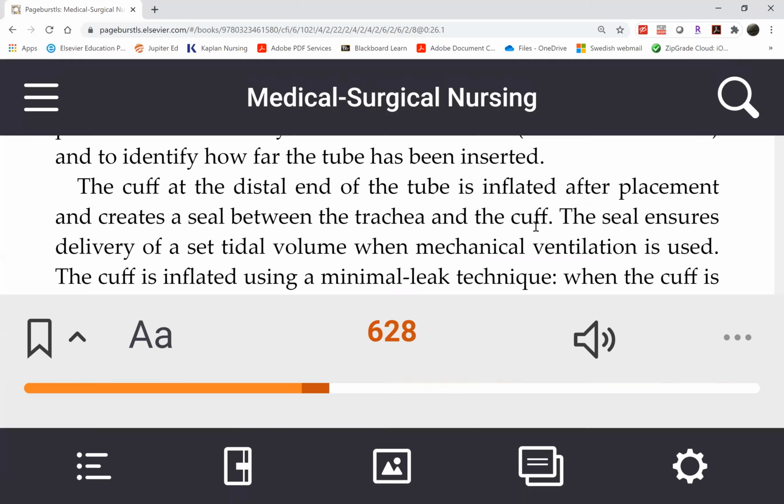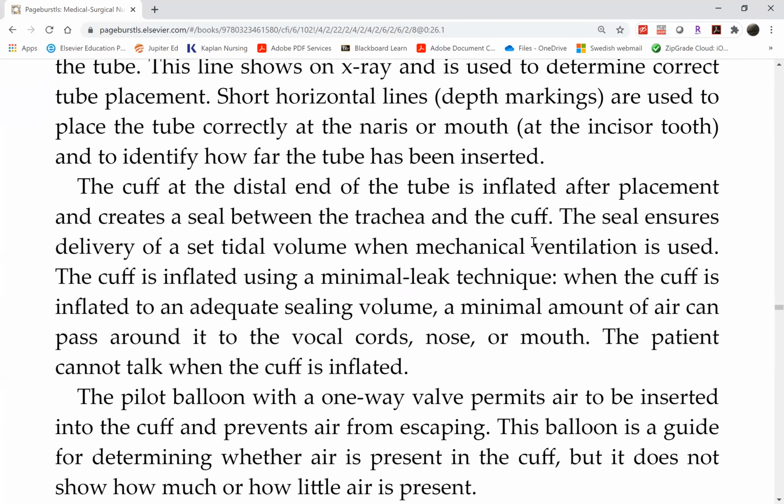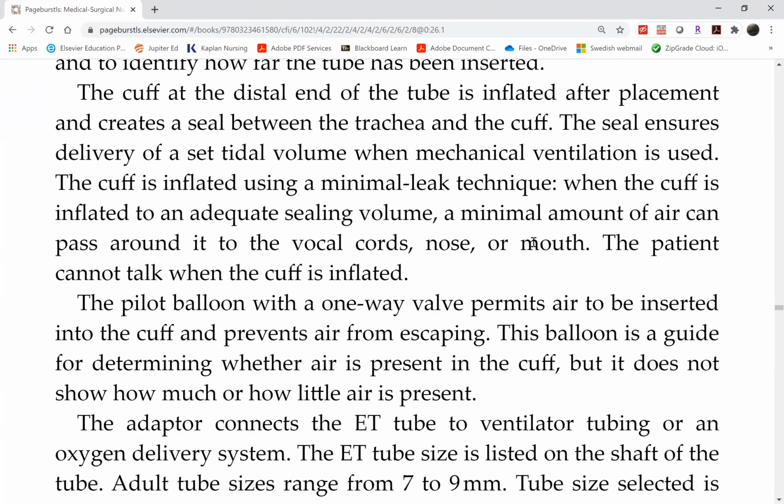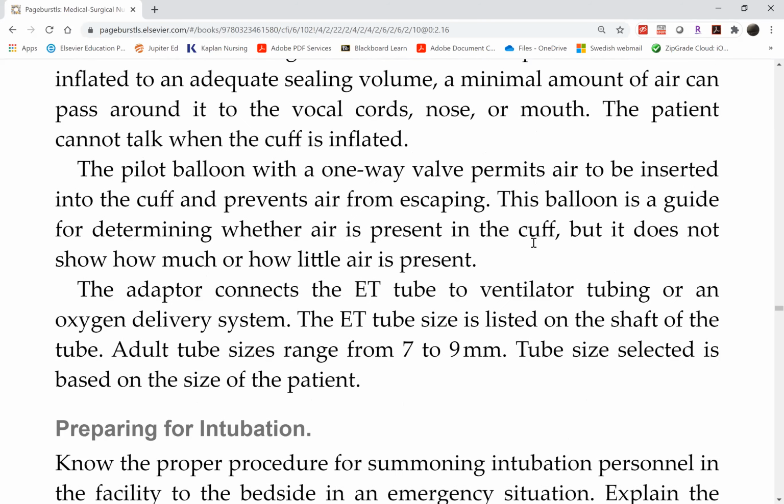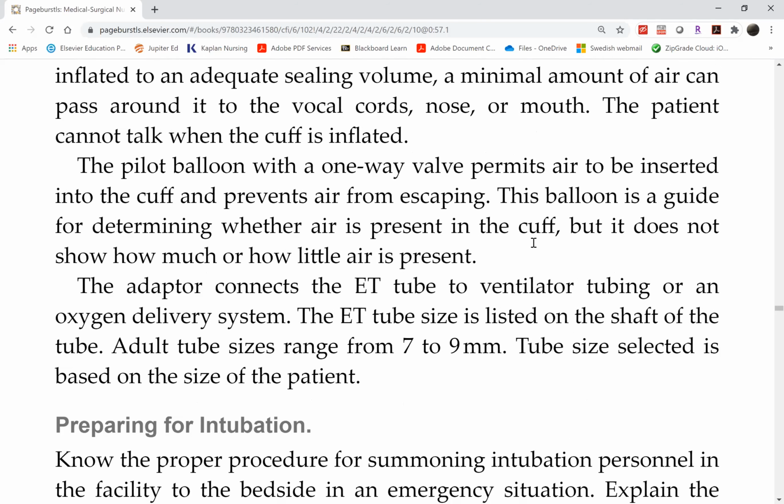Now we have to know how far is the tube. Whoever inserts it will meet resistance when they hit the carina. The carina is the part where the mainstem bronchus bifurcates and splits into the right and left mainstem bronchi.